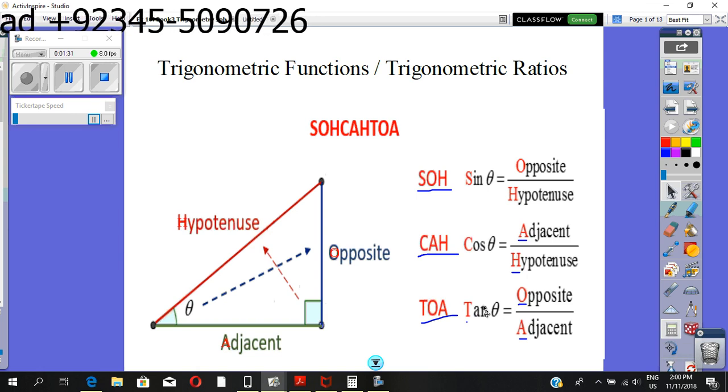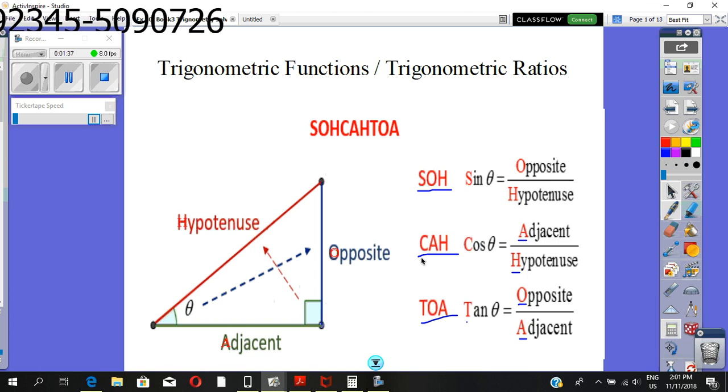In a right angle triangle, if we see, there are three sides. The longest side is called the hypotenuse, and one side we say is the opposite, because it is opposite to the given angle.